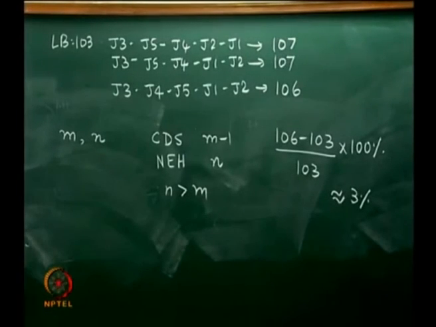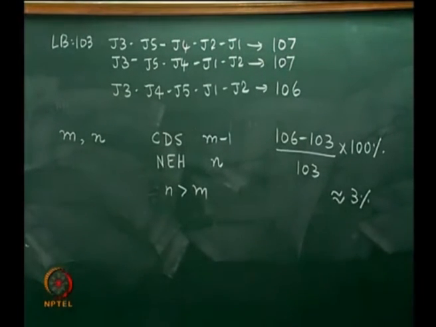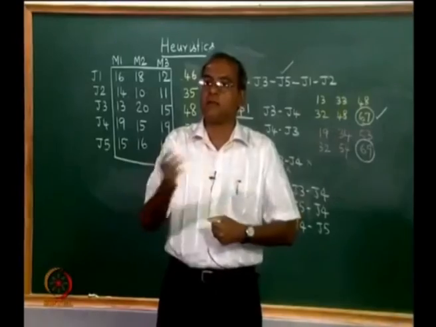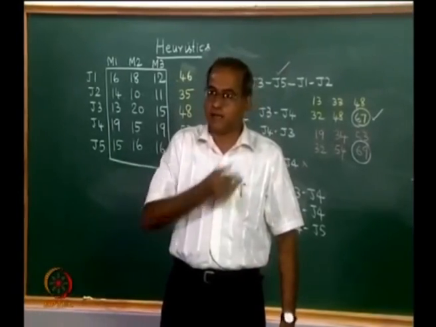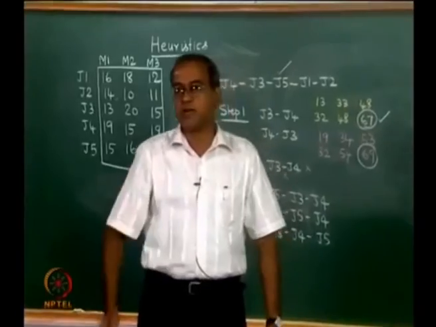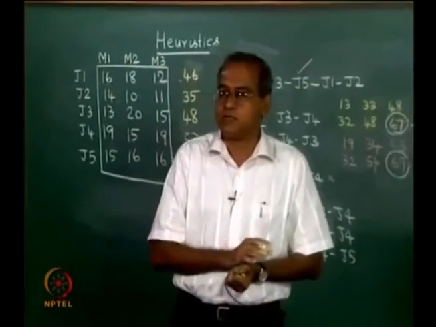This will be slightly less than 4 in the earlier case and slightly less than 3 in this case. So, if we are happy with a solution which is within 3% of the optimal, we can take the NEH and use it. If not, we proceed for other methods with the hope that we may get or we wish to get a solution with less than 106.